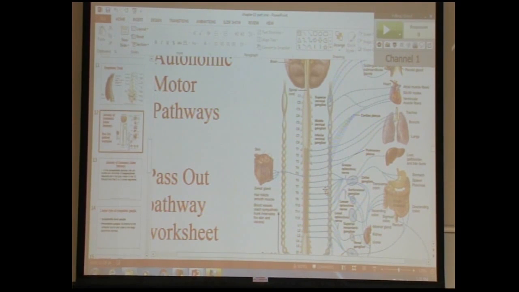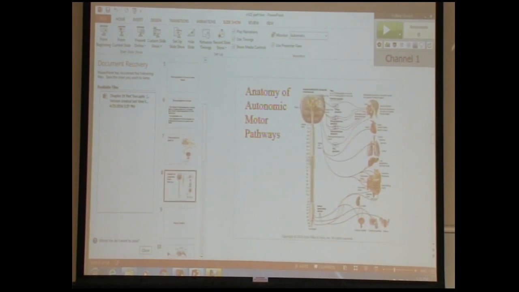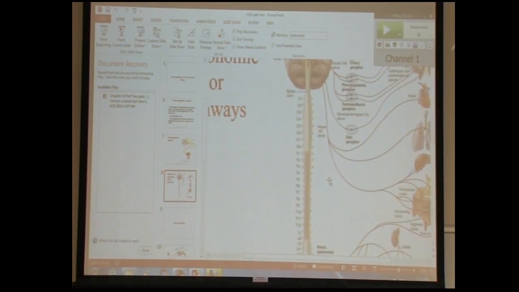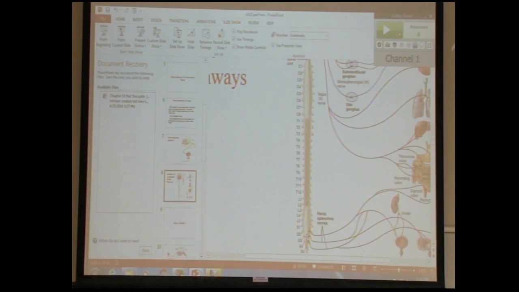And then if you looked at the parasympathetic, you could see that those preganglionic neurons start in the brainstem and then way down at the bottom of the spinal cord. And remember, you will have those two diagrams with you for the test. So if you're stuck and you kind of know what that diagram is talking about, you can get lots of answers from there.